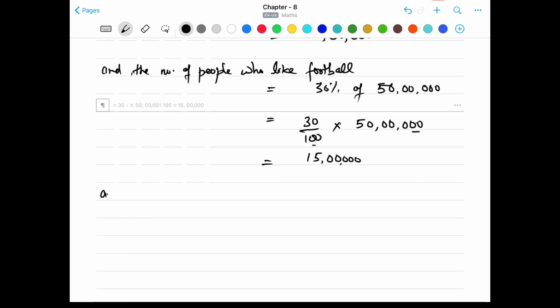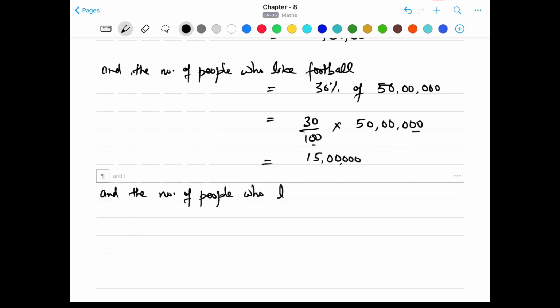And the number of people who like other games is equal to 10% of total number of people, which is again 50 lakh.